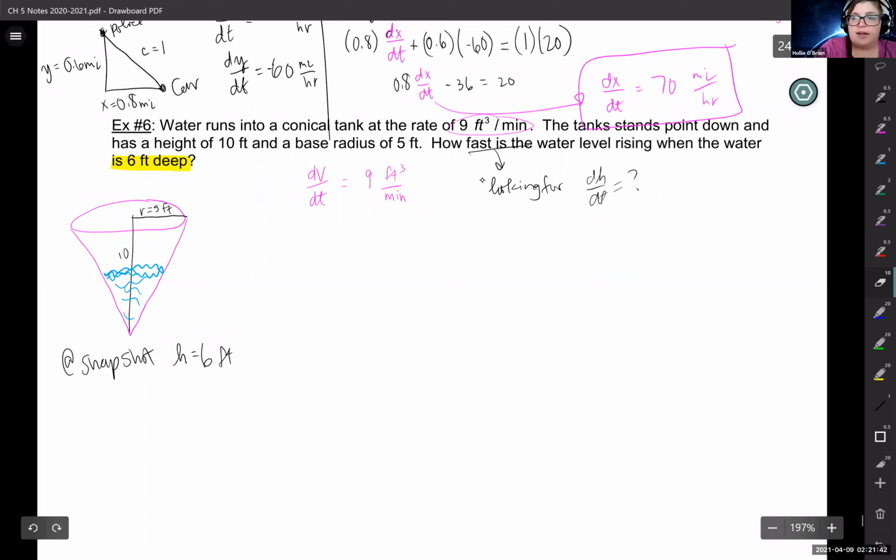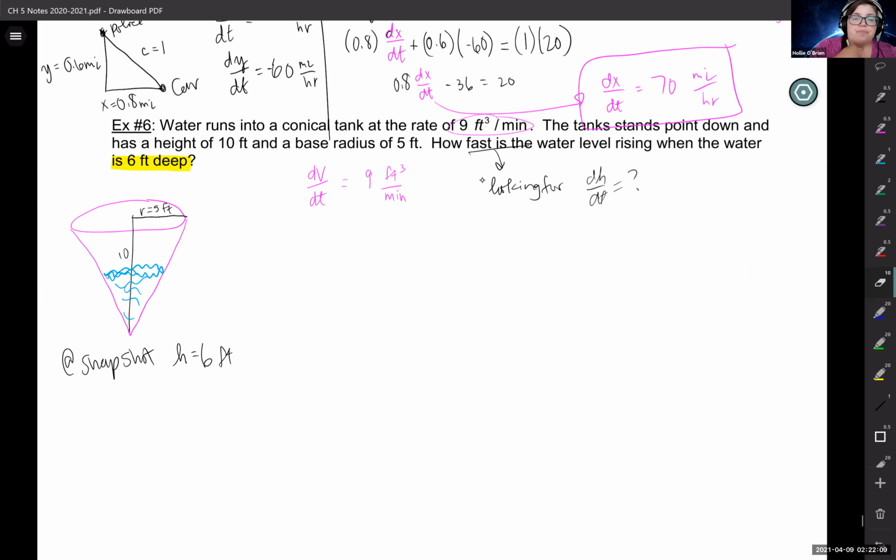Let's put 10 so you know that height is 10. But we're looking for the height of the water level. I'm going to let the water level be H because that's actually going to be changing. The height of the cone is not changing. It's a constant height. This cone is not all of a sudden growing, right? This isn't magic land. It's just that as we put water in the cone, the water level is going to rise.